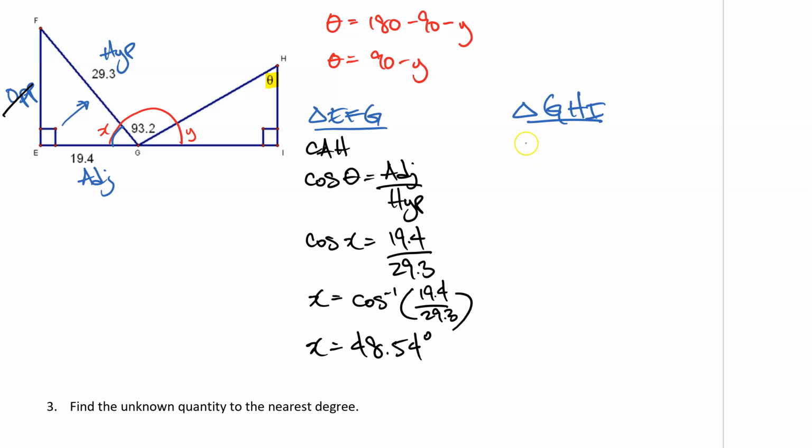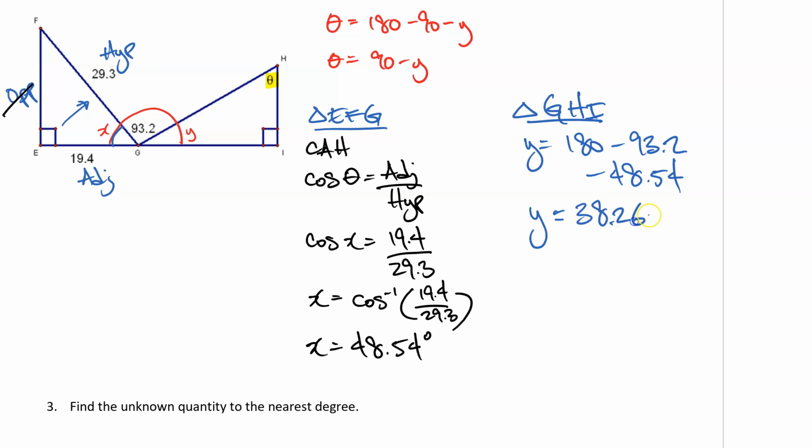So let's do y. y is equal to 180 degrees, subtract the 93.2, and also you are subtracting what x is, which is 48.54. And I can tell you that y is equal to 38.26 degrees as an angle measure.